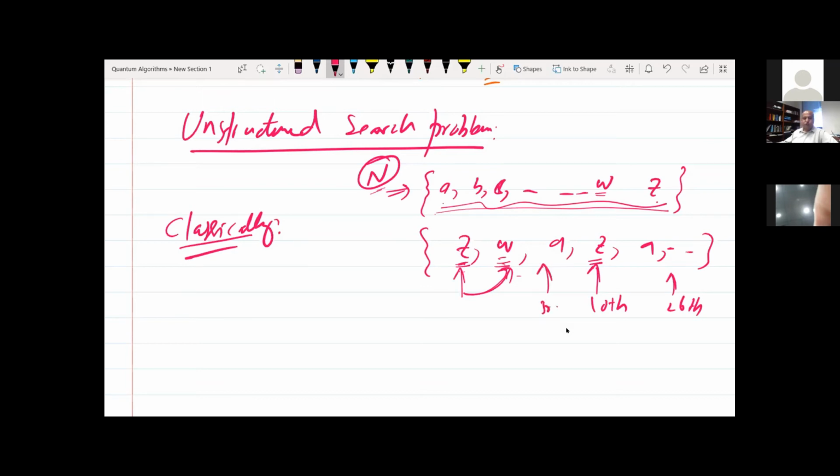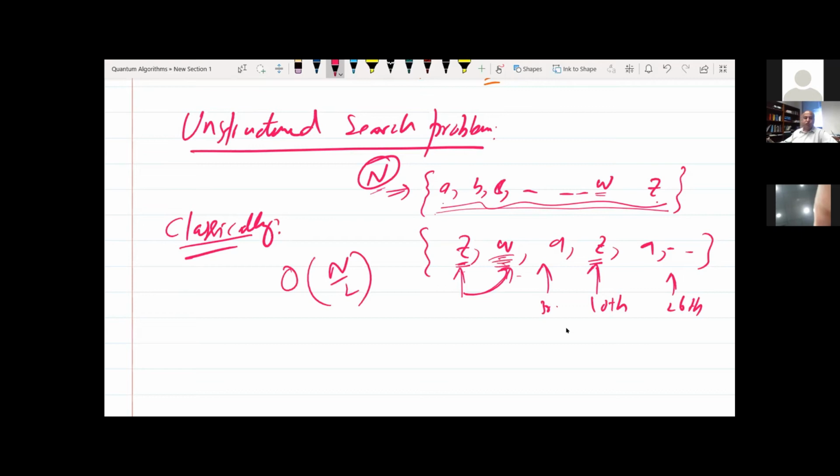If you do it randomly, then after n by 2 random searches, your probability of finding the element has doubled, because you have already searched half of the space. So even with a random algorithm, you still need operations of the order of n by 2 to find what you're looking for.